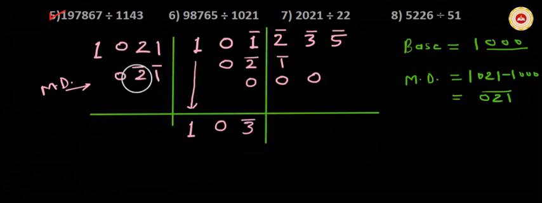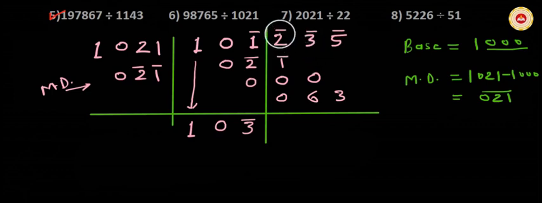Now multiply these 3 digits of modified divisor by recent quotient digit, minus 3. So minus 3 multiplied by 0, 0. Minus 3 multiplied by minus 2, plus 6. Minus 3 multiplied by minus 1, plus 3. Minus minus is positive. We have covered all the digits in the dividend.